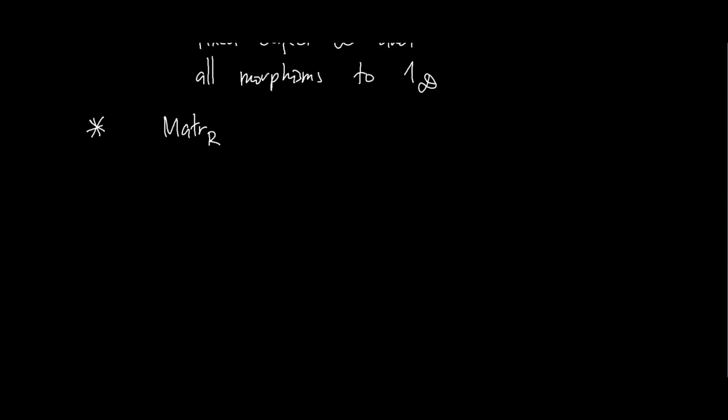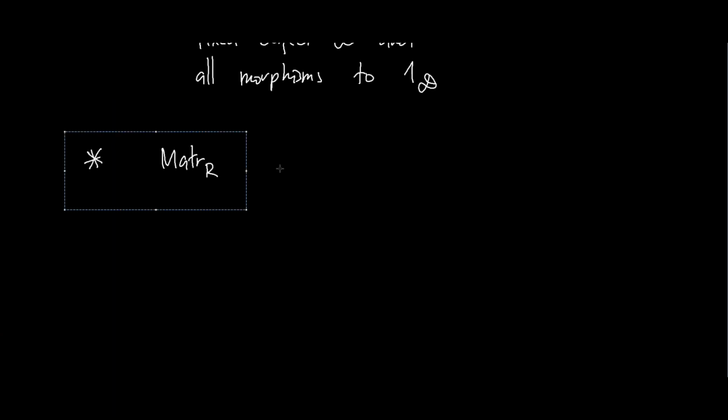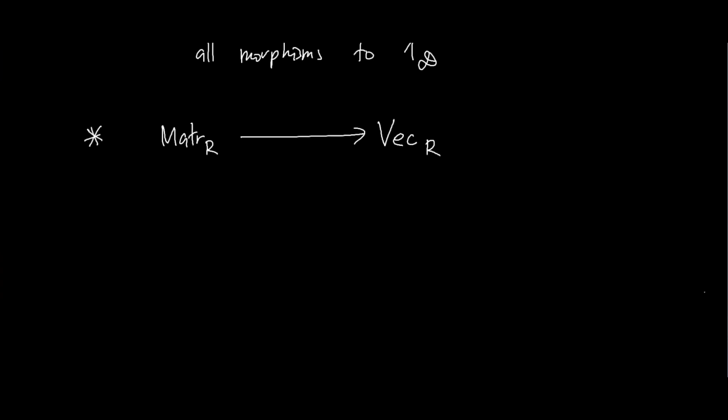Matrices over, let's say, a field R. And let's go from there to the category of vector spaces over the same field R. Let me remind you that in the category of matrices, objects were natural numbers, and a morphism was a matrix. So a morphism from N to M was an M by N matrix.